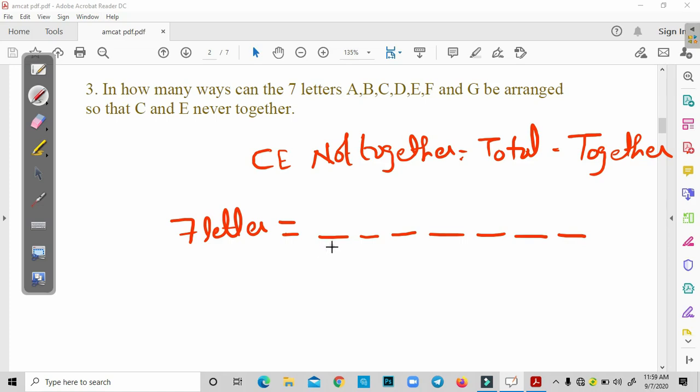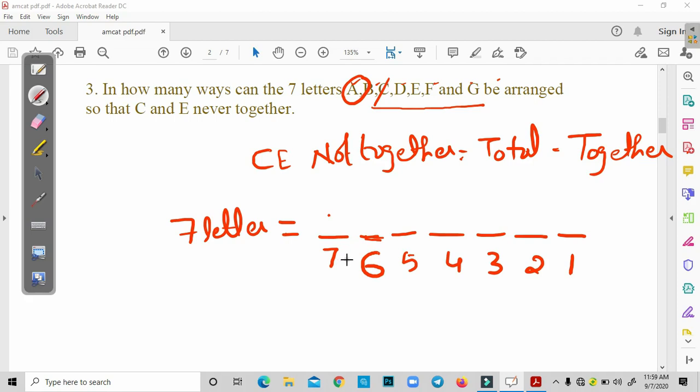Now see here. In the first place, I can place any of these 7 letters, so I can arrange this in 7 ways. Come to the second place. I have arranged 1 letter in the first place, so the second place can be filled from B, C, D, E, F, G, that means only in 6 ways. Now I place 1 more letter here, so this position can be filled in only 5 ways, like this: 4 ways, 3 ways, 2 ways, 1 way.